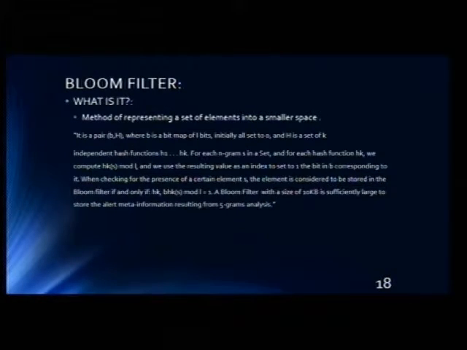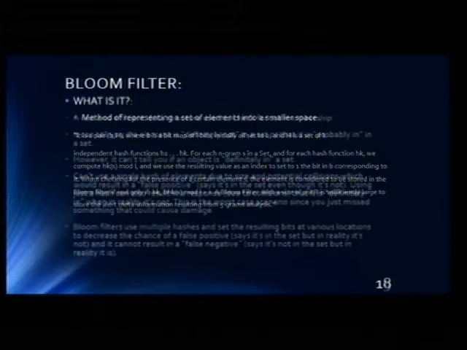When checking for the presence of a certain element S, the element is considered to be stored in the Bloom filter if and only if B[HK(S) mod L] equals 1 for every K. A Bloom filter with a size of 10 kilobytes is sufficiently large to store the alert metadata resulting from 5-gram analysis. So it's a huge benefit on space and efficiency.